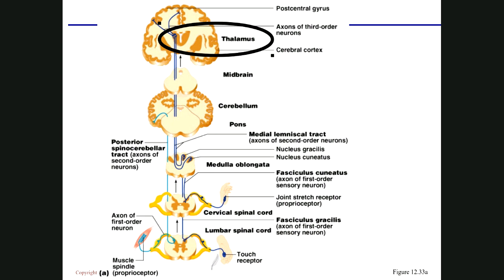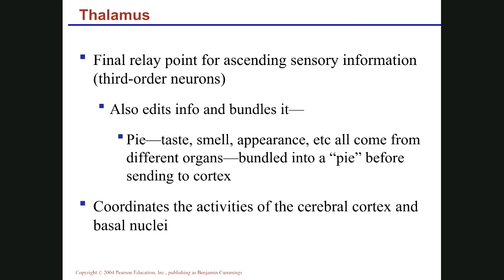The third order neurons are located in the thalamus. So the synapses between second and third order neurons are located here, and the cell bodies of the third neurons are located here, and then they pass the information on up to the cortex. So it's this sort of relay center for these third order neurons.